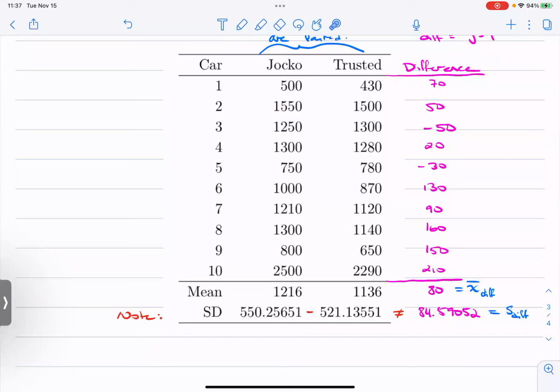But remember, we're boiling it down to just the differences. So the sample size of the differences is 10. So we're going to have that same information. It's just about the differences, but really that's the only change.